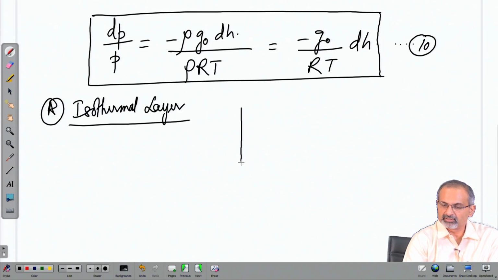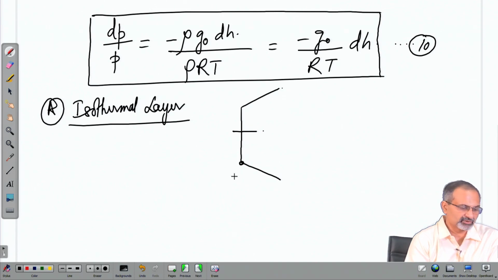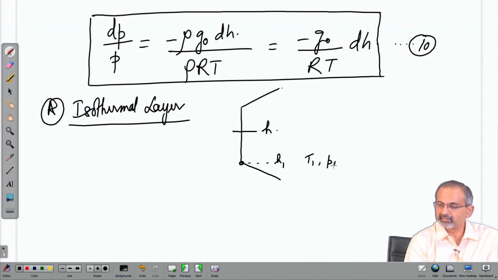In the temperature sense, it looks like this. Let us say this is the starting of the isothermal layer, at an altitude H1, and you have an intermediate point at altitude H. Temperature, pressure, density all are defined like this: T1, P1, rho 1, etc. And of course, temperature remains constant in this entire layer.